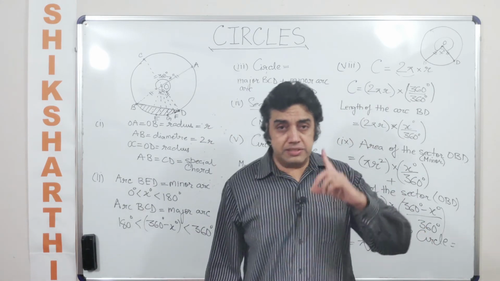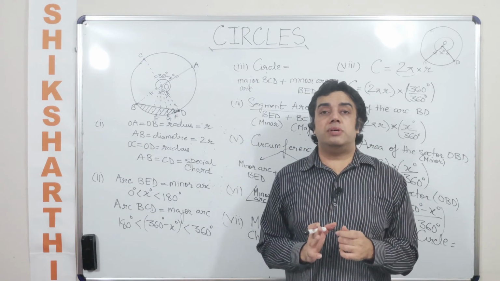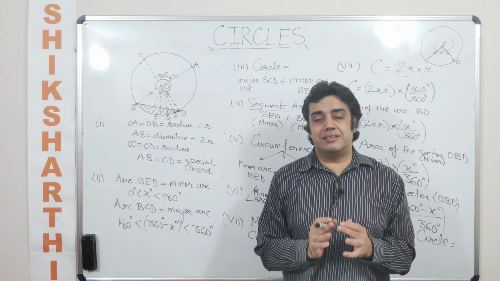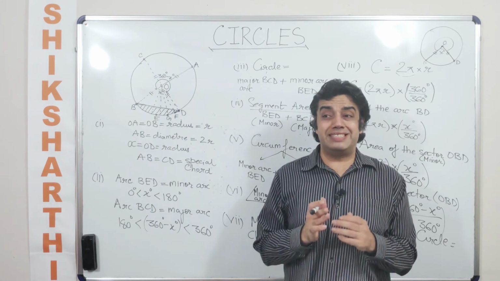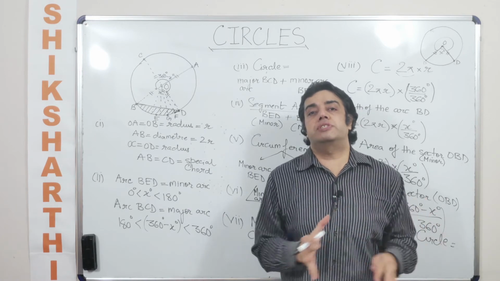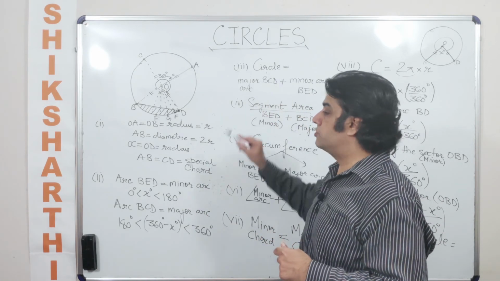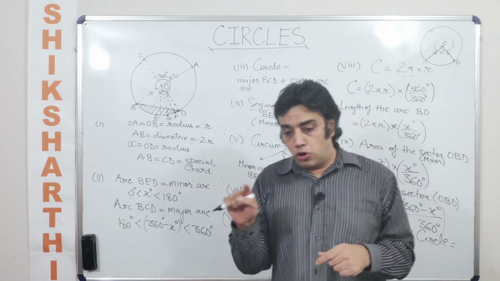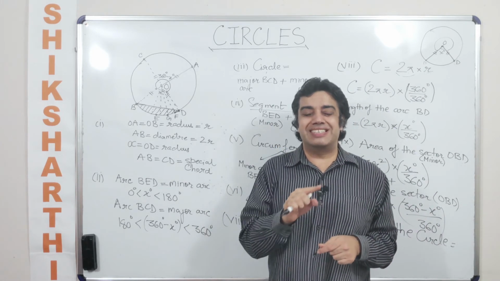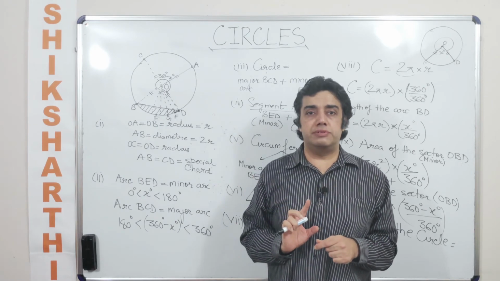But then the last thing that I want to discuss here is, if they are talking about the circumference of a semicircle or the circumference of any part of a circle, please remember that the circumference is formed by adding all the surfaces, whether it is a curved surface or a linear, non-curved surface.